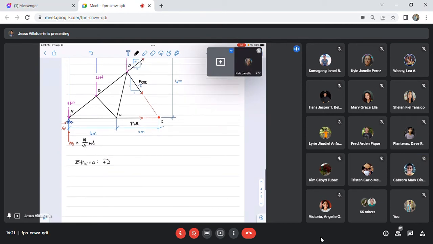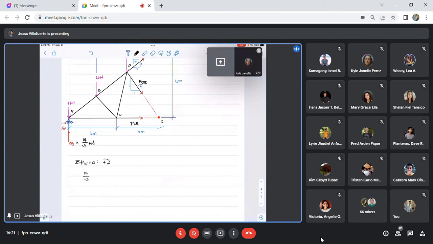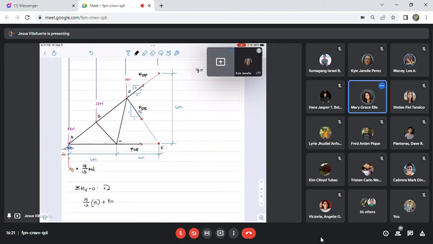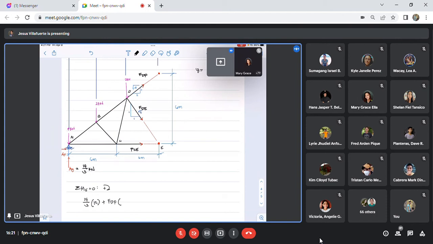So AY, that is 14 over 3. What is the moment arm? That is 12. Correct? Yes, sir. And then FDF. What is now the moment arm of your FDF?